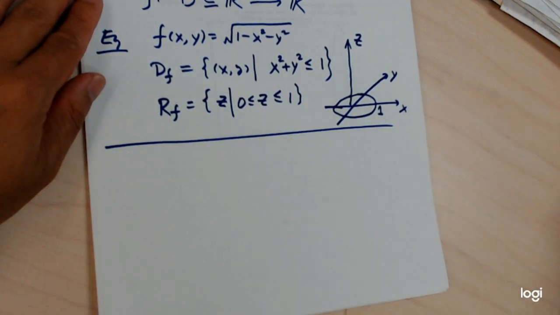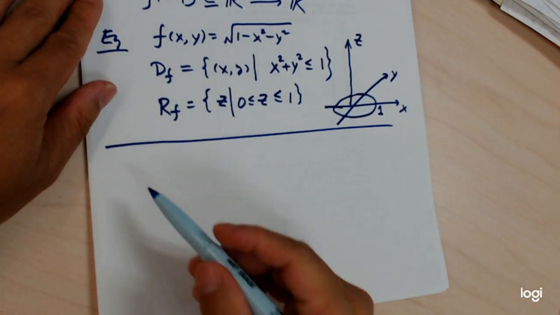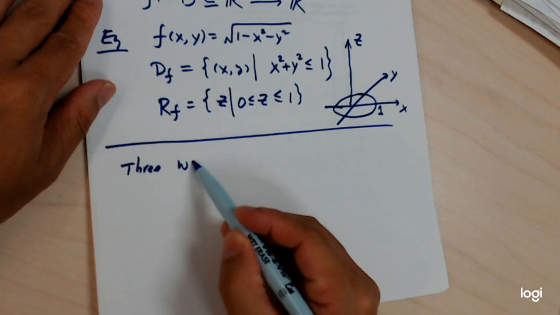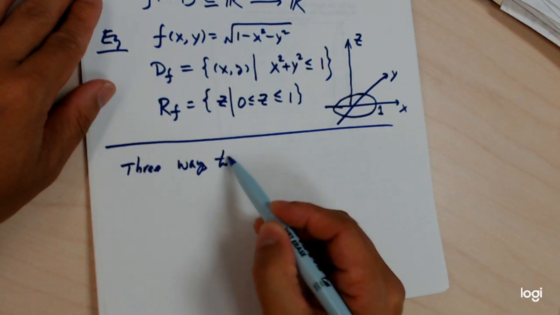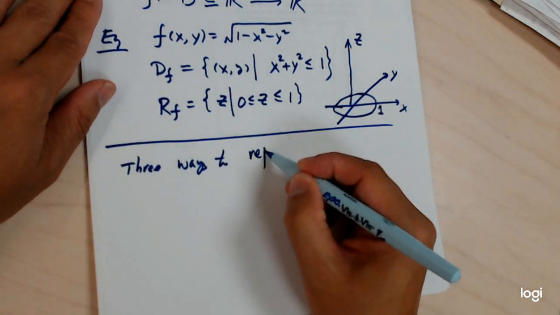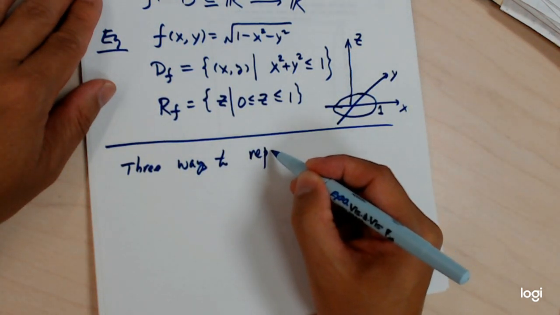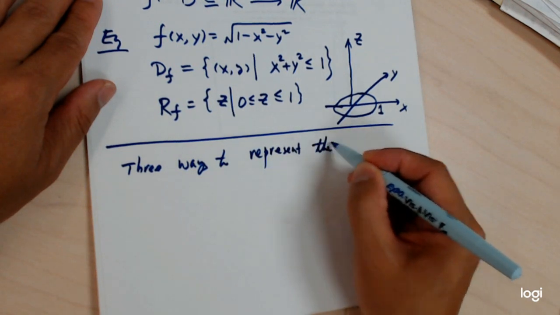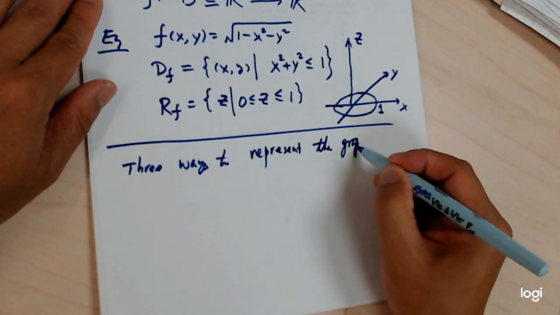And the graph of a function: it turns out there are different ways to represent the graph of a two-variable function. Actually we have 3 different ways to visualize a function of two variables.